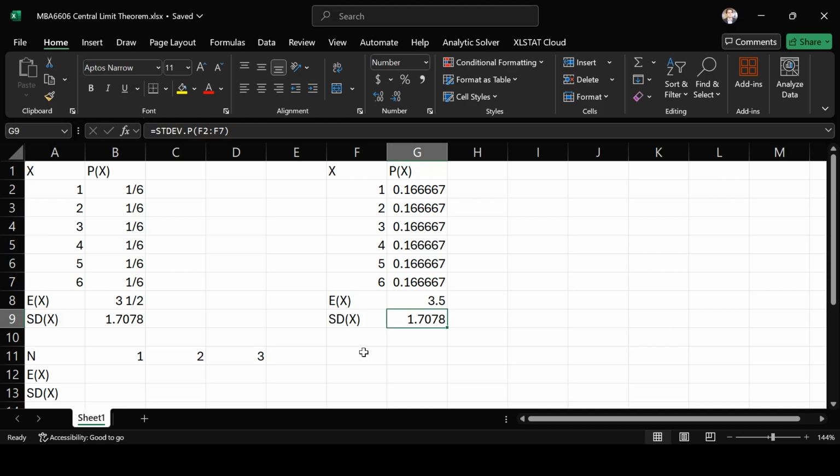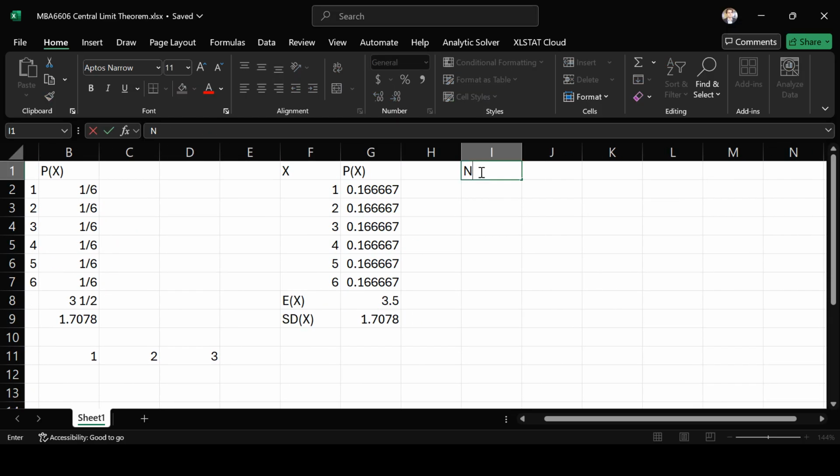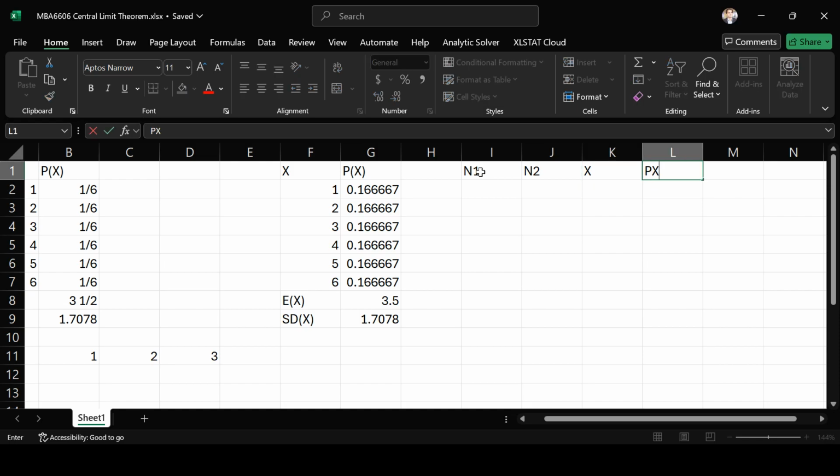Let us extend this example to the two sample case. Let's say n is 2, and the random variable is the average value of these two outcomes, and we'll find the associated p of x as well. So we'll compute it in a separate table.